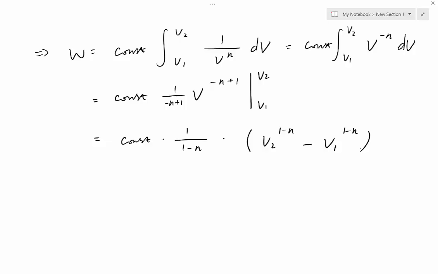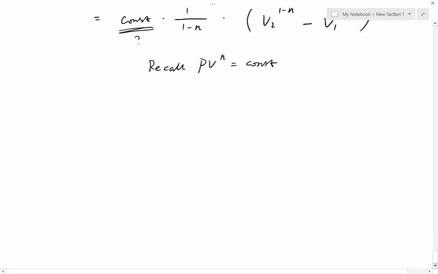Okay, but the downside is the constant. What is the value of this constant? I need to find the value of the constant in order to find the value of W. So what is this constant? Let's recall. PV^n is equal to constant. If that's equal to a constant, that means the value will never change. So the value at the initial state must be equal to the value at the final state.